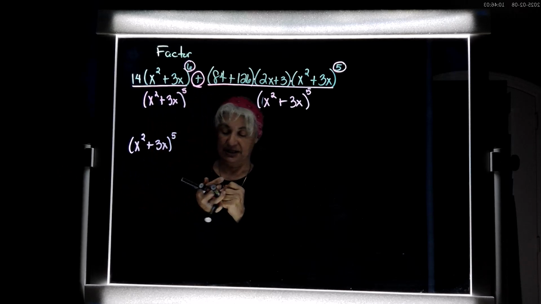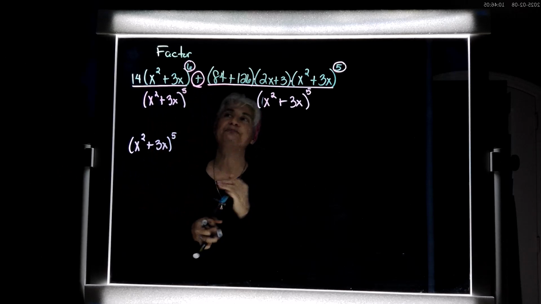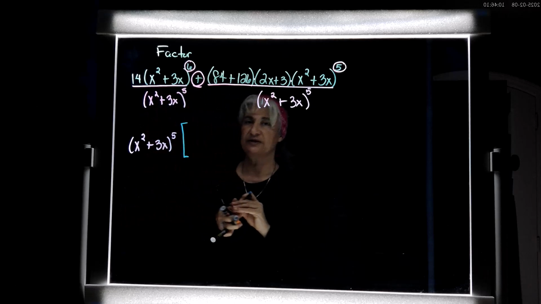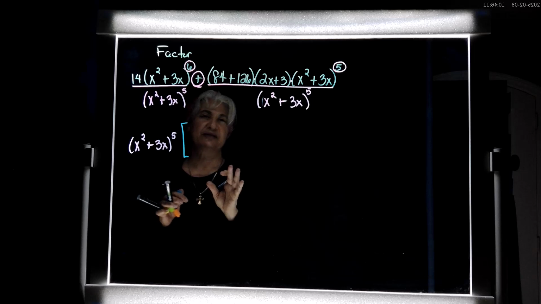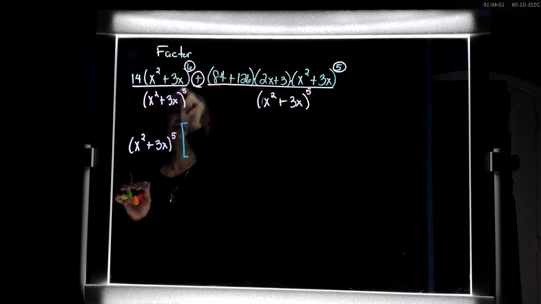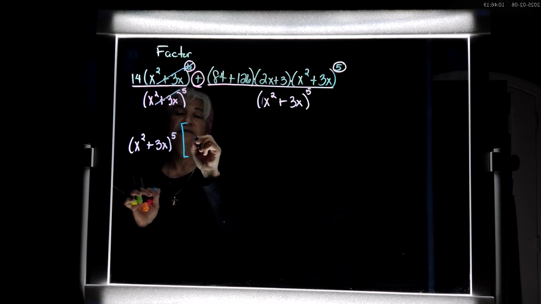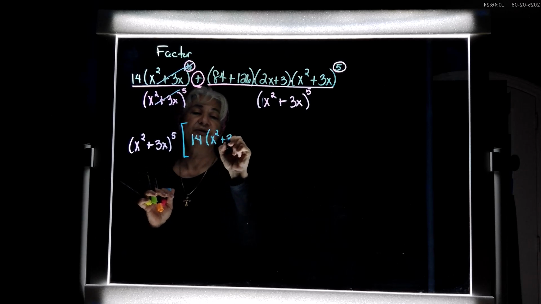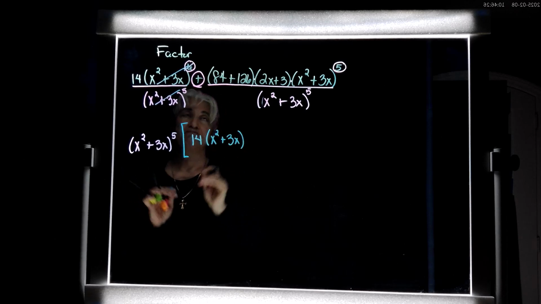And now, let's see what remains. I like to use brackets. They're the same as parentheses, remember. It's sometimes easier when there's a whole lot of parentheses going on. Okay, so out of the first term, I have the 14 and one of these x squared plus 3x remaining.